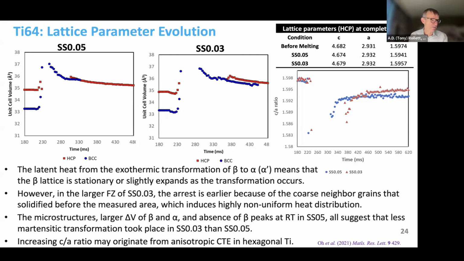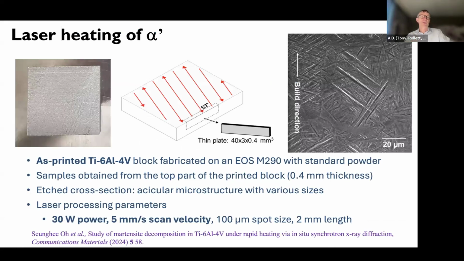So that was interesting. And then the other thing I'm going to show you is an experiment where we deliberately made some fully martensitic microstructure through printing at suitable conditions. And then what Sing-Yeo did was to take pieces of this and use the laser to reheat it.